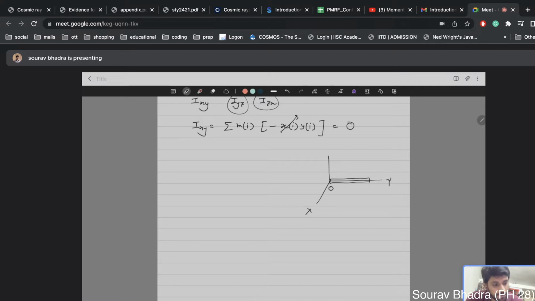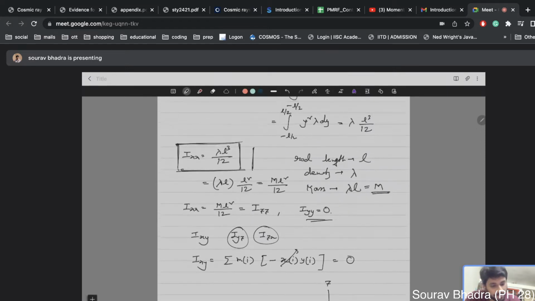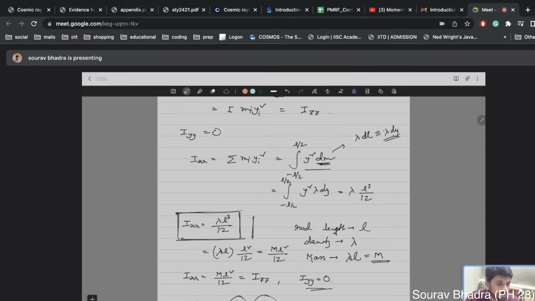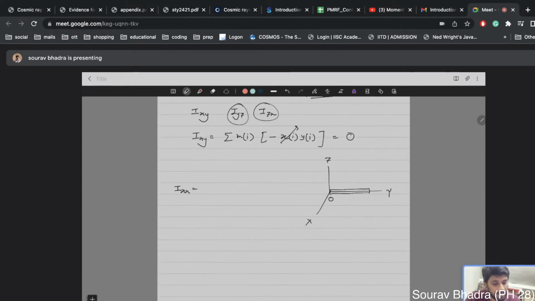So the origin O has been shifted from the center of the rod to the edge of the rod. Now for this case, similarly, Ixx. For the previous case, what was our Ixx? That was the integral from minus L by 2 to plus L by 2 of y square dm, or y square lambda dy.